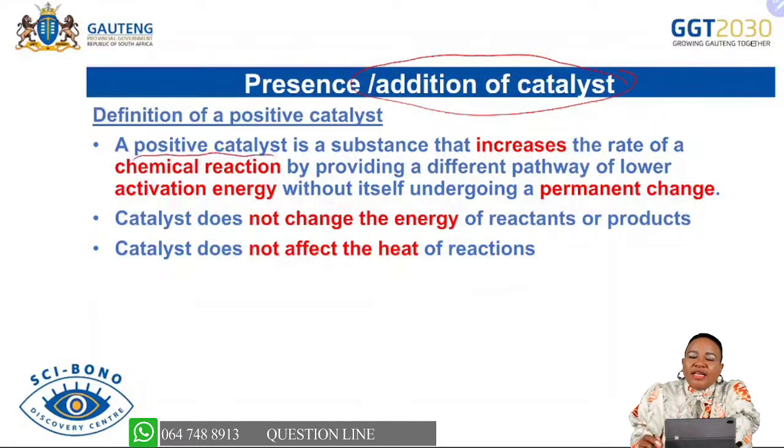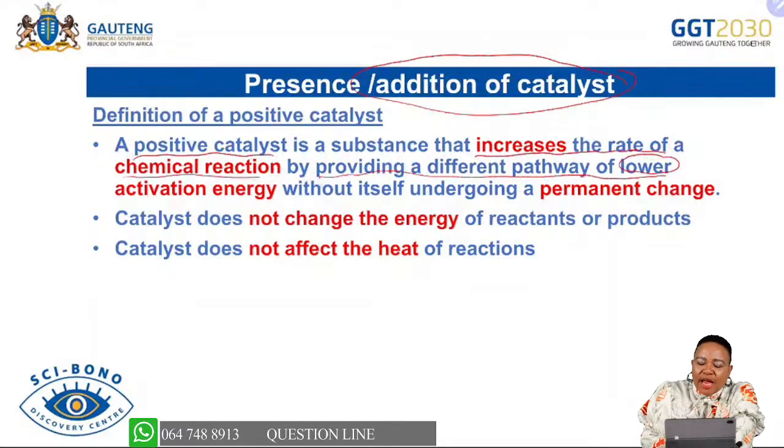Remember, this positive catalyst was mentioned in our exam guideline to say we must define what you mean by a positive catalyst. A positive catalyst is a substance that increases the rate of a chemical reaction by providing an alternative pathway of lower activation energy. So when you add a catalyst, you are providing an alternative pathway of lower activation energy.